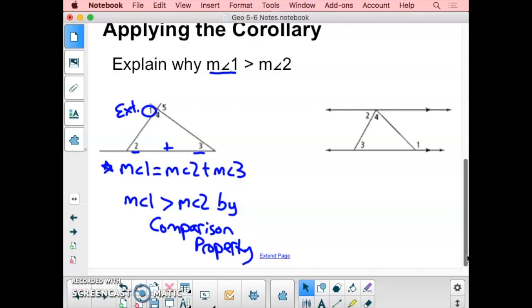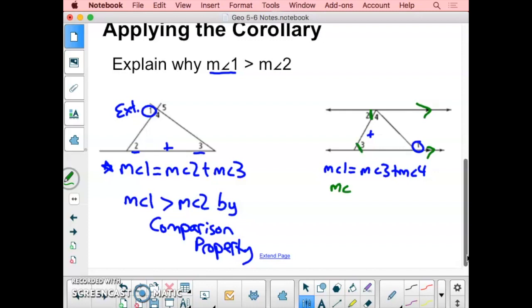All right? So in this example, I know, first off, that angle 1 is equal to 3 plus 4 because of the triangle exterior angle theorem, okay? I want to get 2 in there somehow. These are parallel lines this time, which means 2 is congruent to 3, or angle 2 equals angle 3 by alternate interior angles.